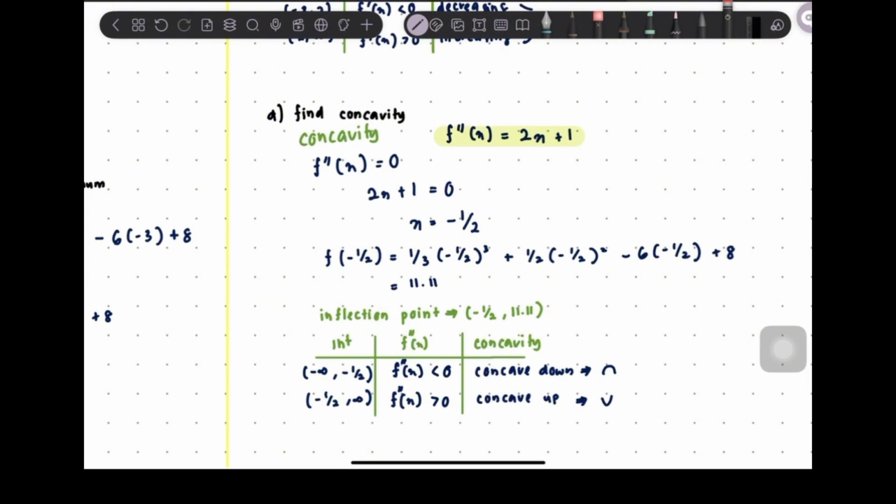For the interval (-infinity, -1/2), we got concave down, and (-1/2, infinity), we got concave up. So when they have a difference of concavity, we get the inflection point, which is (-1/2, 11.11).